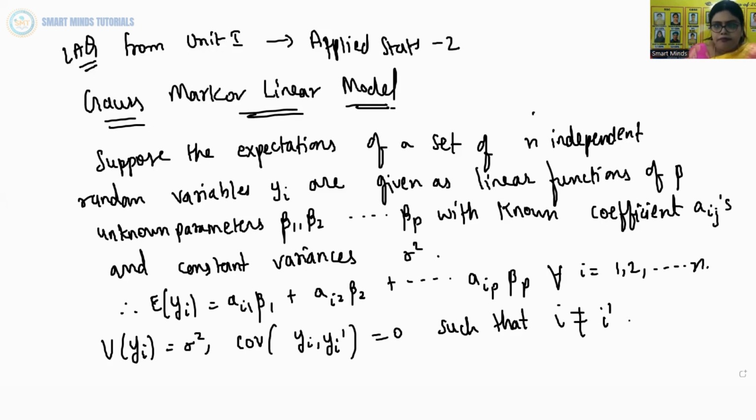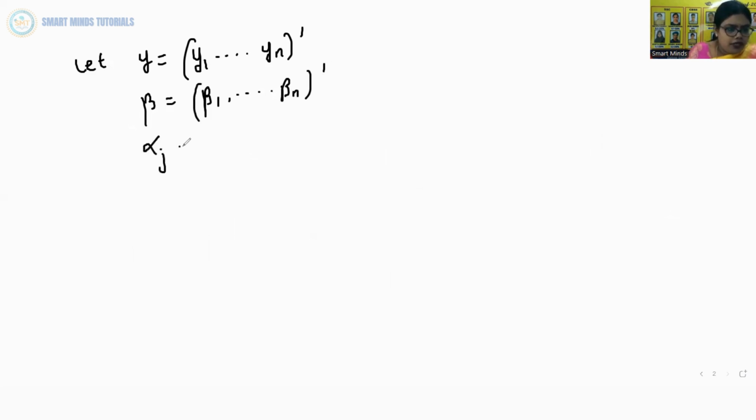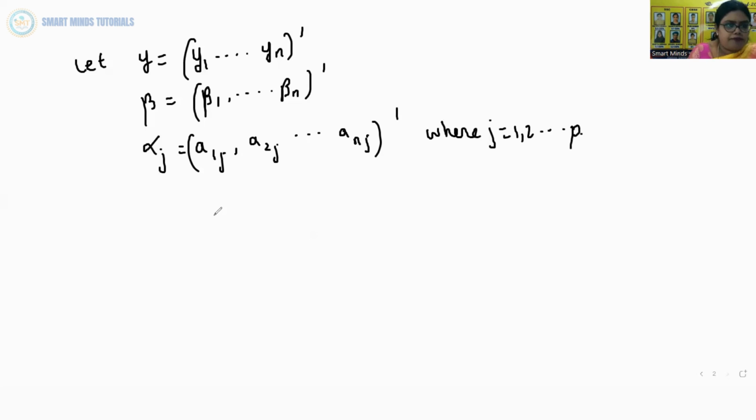Now let us say y is equal to y1 so on up to yn dash, beta is equal to beta 1 so on up to beta p dash, alpha j is equal to a1j, a2j, so on up to anj whole dash, where j is equal to 1, 2, so on up to p, and A is equal to alpha 1, alpha 2, so on up to alpha p.